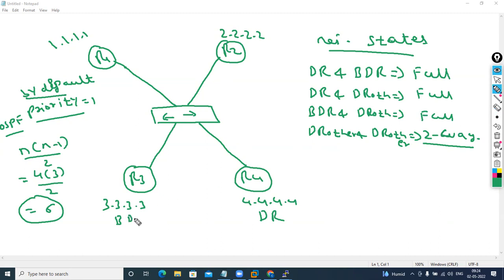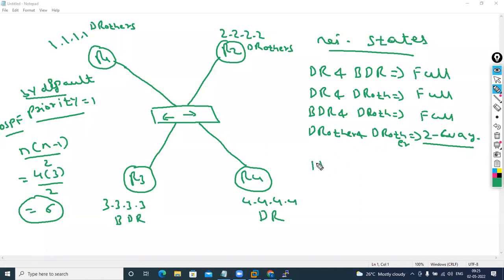So the BDR and then the DR. These other routers, we call them DR others. Clear?